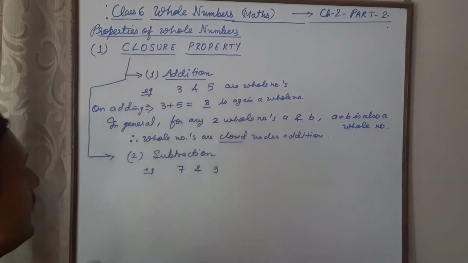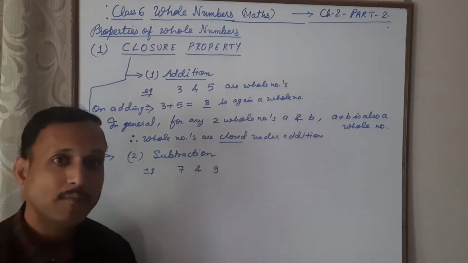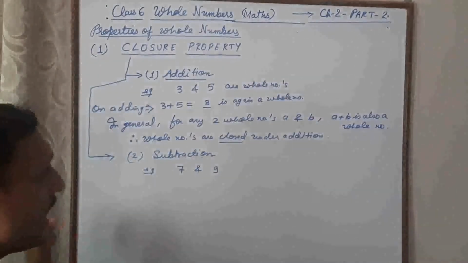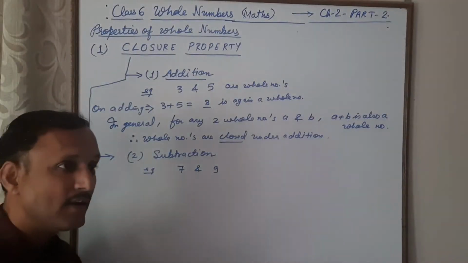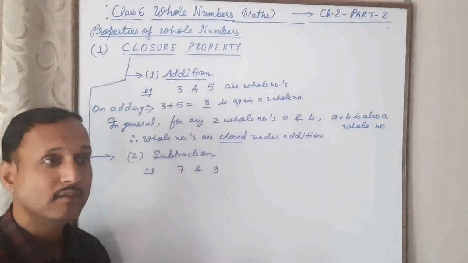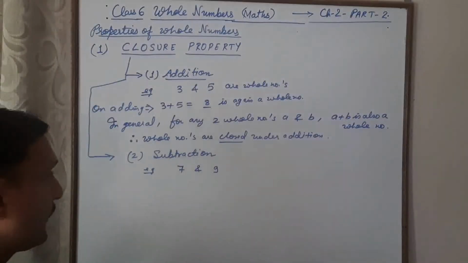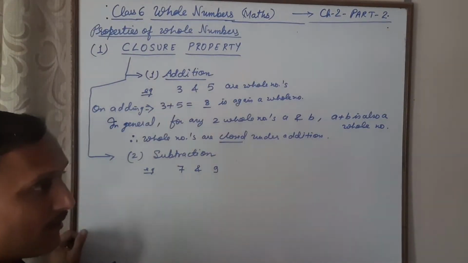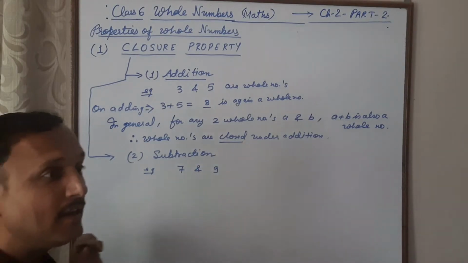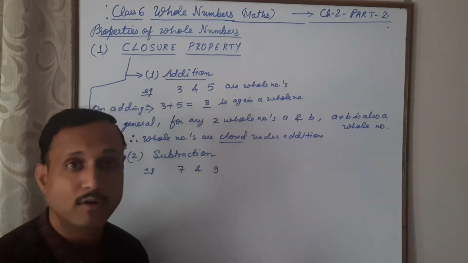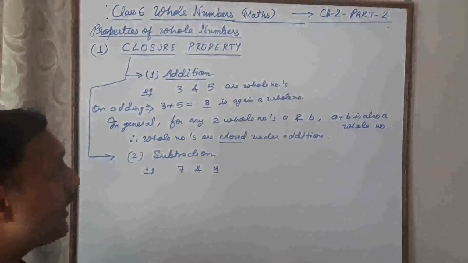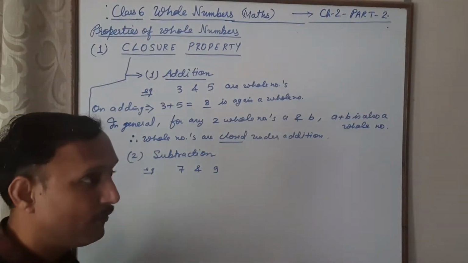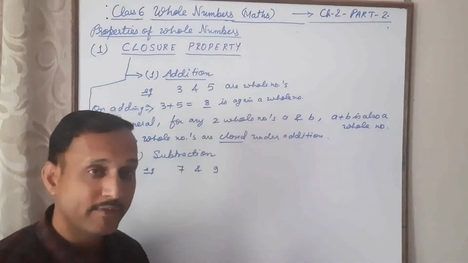Now when we subtract 9 and 7 or 7 and 9, we are getting two different answers. 9 minus 7 is 2, that is a whole number. But 7 minus 9 is minus 2, which is not a whole number. So subtraction is not closed for whole numbers.